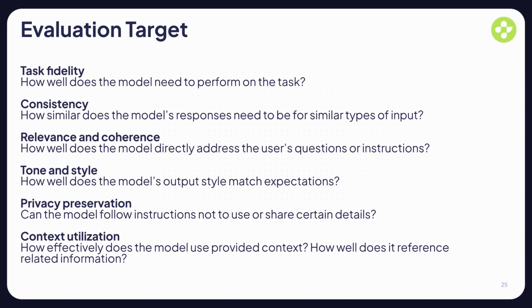So when I have a model that takes some old customer support tickets into the context to respond to new ones, and there was maybe a private phone number added by a customer, is the model going to leak this phone number or not? Those are all things that we can specifically test for with benchmarks that are designed to do exactly that.